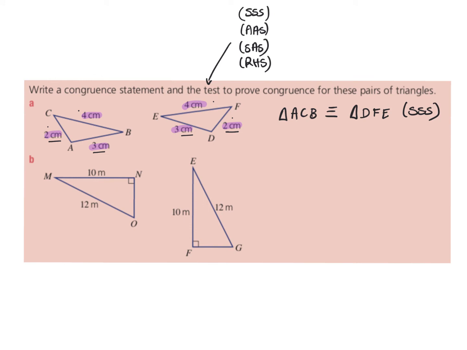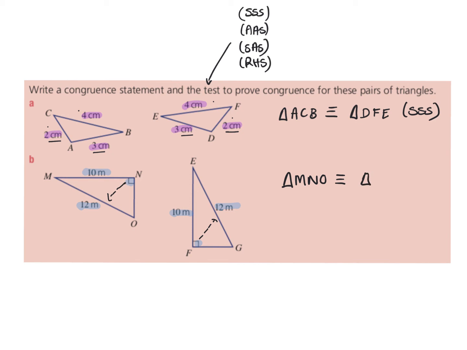Okay? The next one, I have 2 side lengths of a right angled triangle that are the same. Yeah? So if you have a look, this is definitely the hypotenuse there, and it's also the hypotenuse there. So I'm happy to say they're the same. So I'm going to say triangle MNO is congruent with triangle.